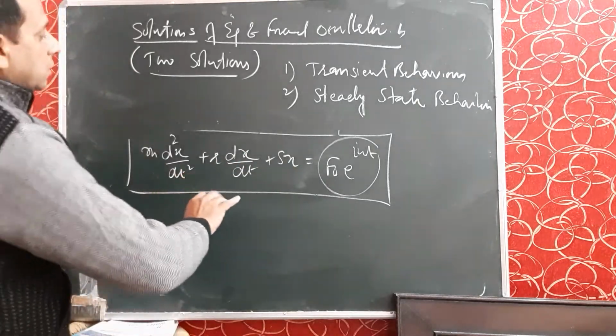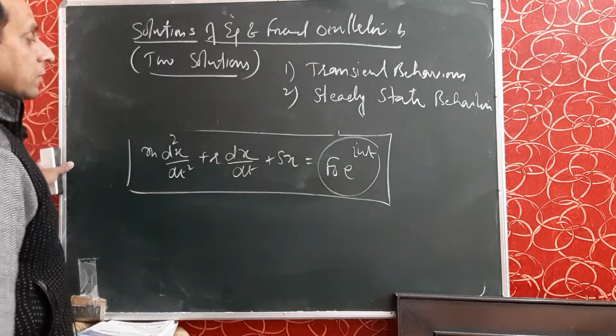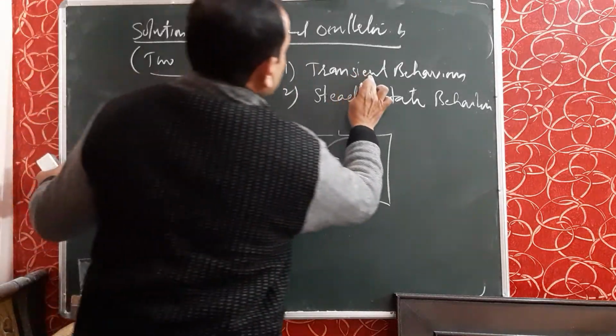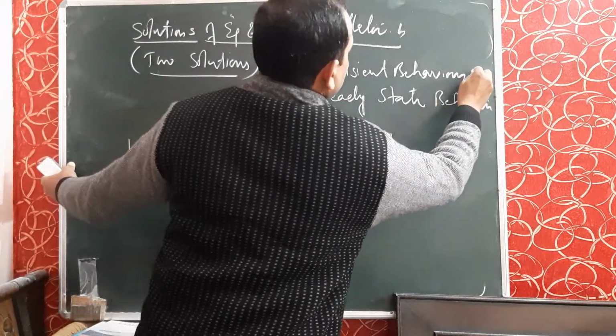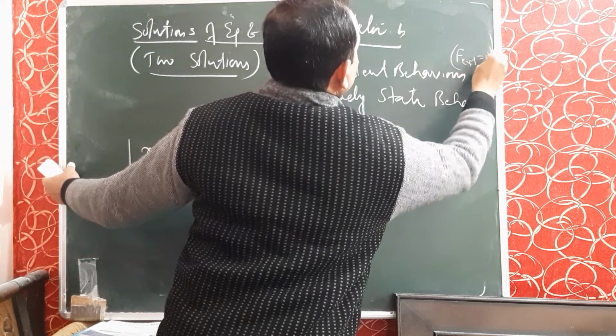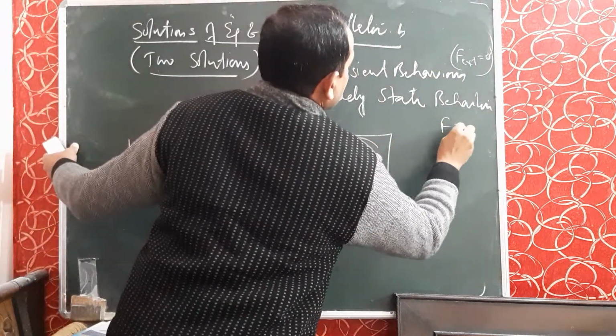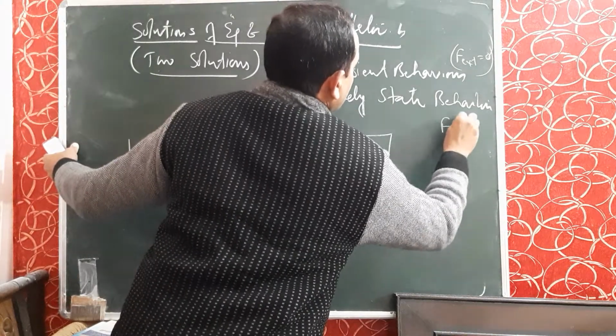Therefore the behavior of this equation is said to be transient behavior. That is, in transient behavior the external force is 0, and in steady state the external force is not equal to 0.